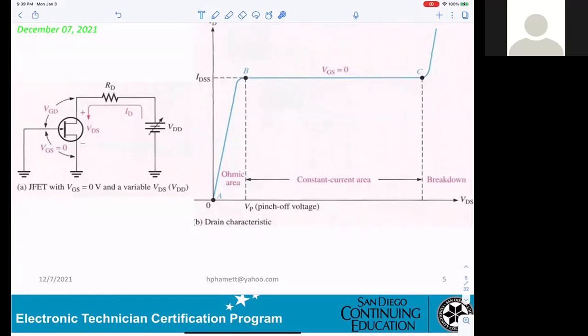Was that the one where it was drain to source with the gate shorted? Who can get the definition? You have to know. You have to read the handout to get the correct answer.